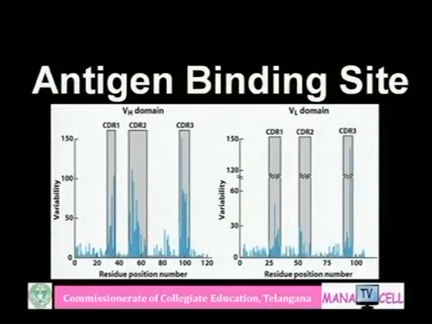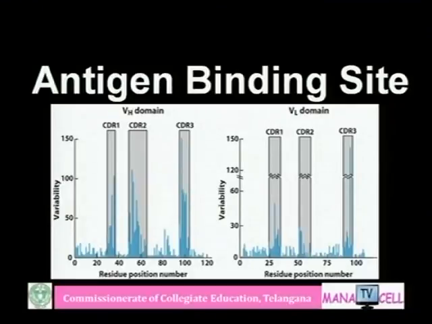Next, another special important one is the antigen binding site. The antigen binding site is formed by the variable domain of the light chain and the variable domain of the heavy chain. Inside the variable domain, only some portion of the antibody binds to the antigen or epitope of the antigen. These regions are known as the variable region.